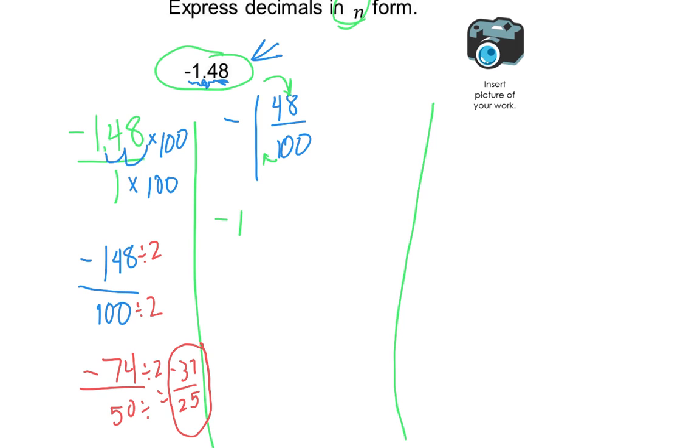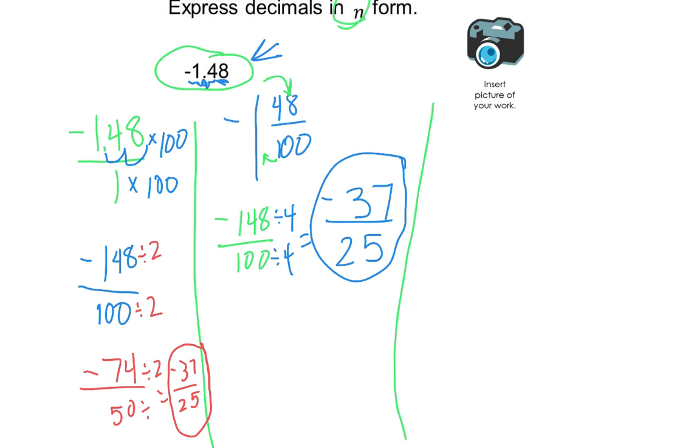So negative 148 over 100. Now I can simplify that. I'm going to divide them both by 4. 100 divided by 4 is 25. Negative 148 divided by 4 is negative 37, which is the same answer I already got.